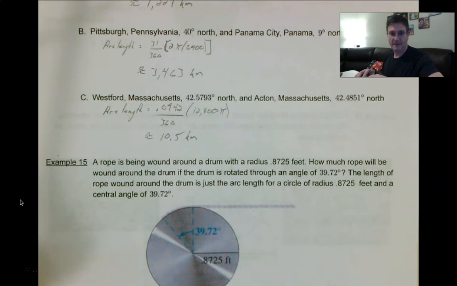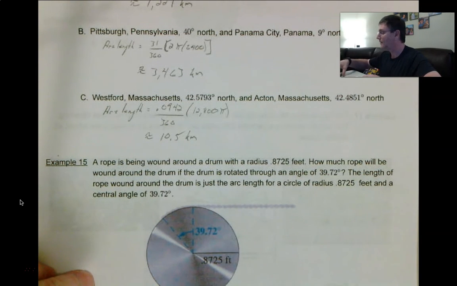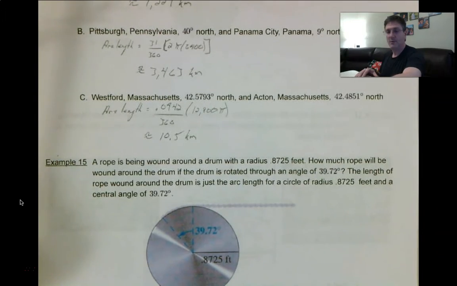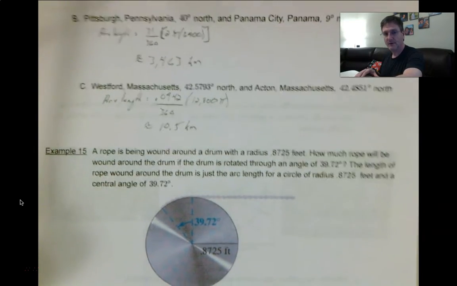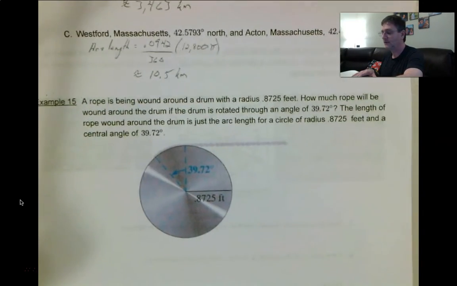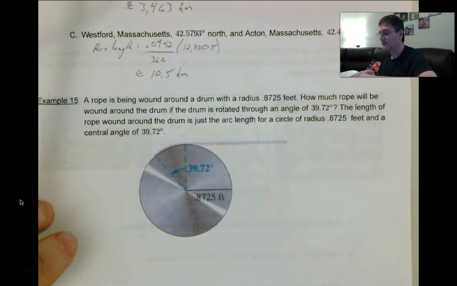A little more than 10 kilometers between Westford and Acton. Maybe we should set up a 10K road race from Westford to Acton or Acton to Westford, or alternate each year. One year we go from Westford to Acton, the next year we go from Acton to Westford.